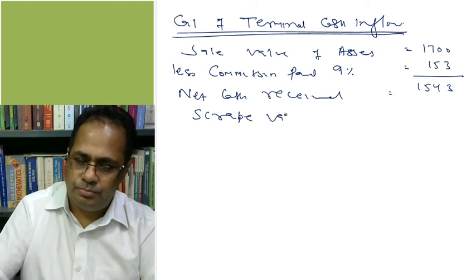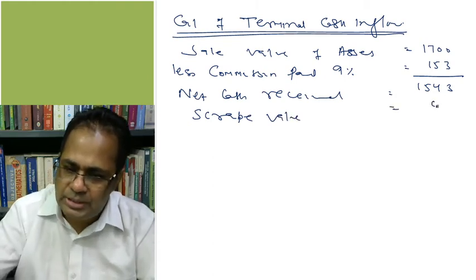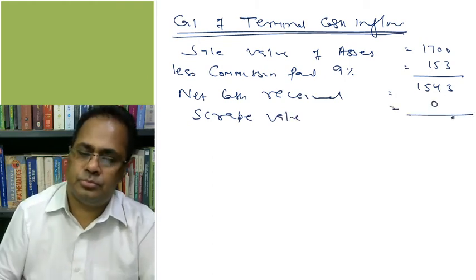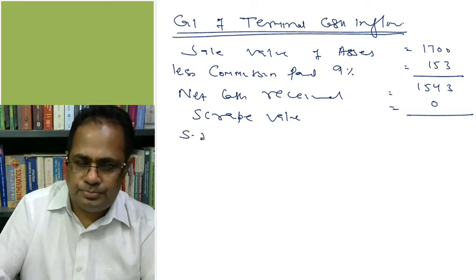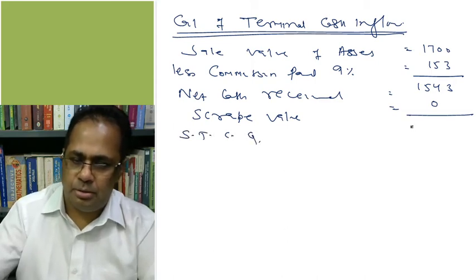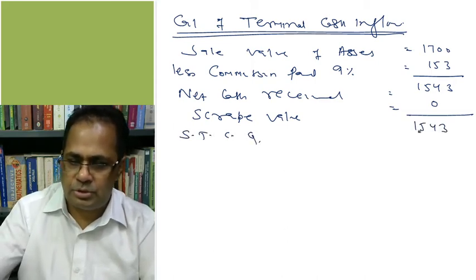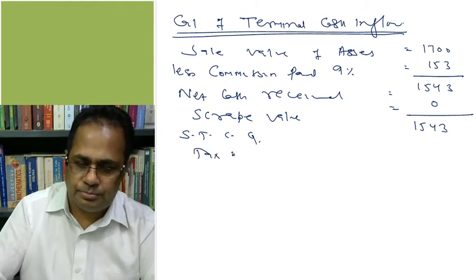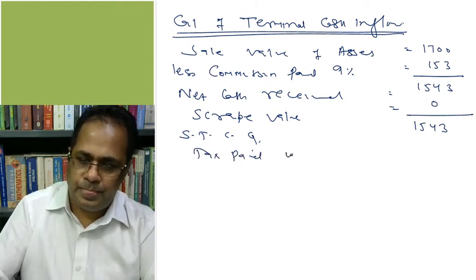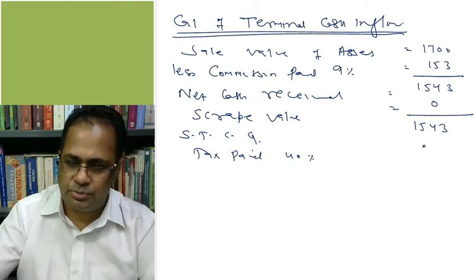Scrap value is zero. Short term capital gain is 1,547. Tax paid at 40% is 619.